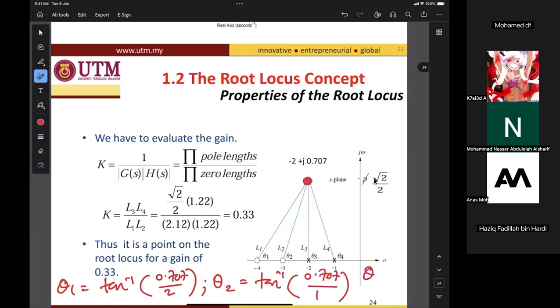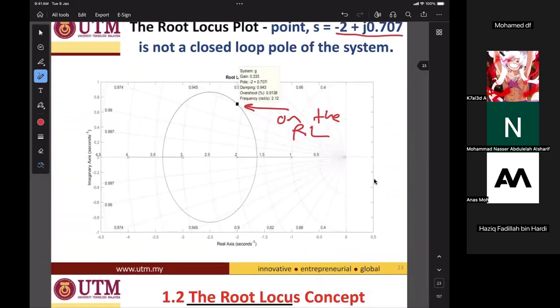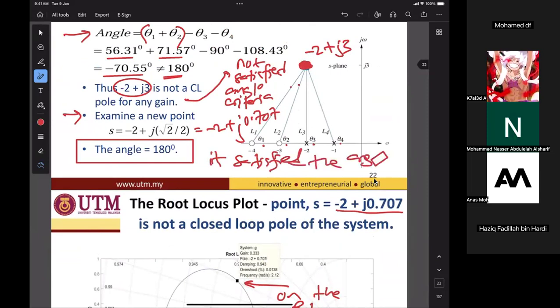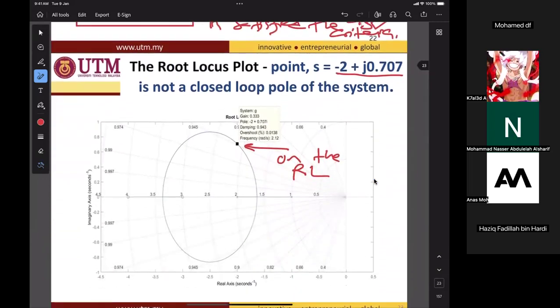So theta 3 is 90 degrees. Theta 4 you calculate just like just now. It happens that the total angle is 180 degrees. It satisfies the angle criteria.